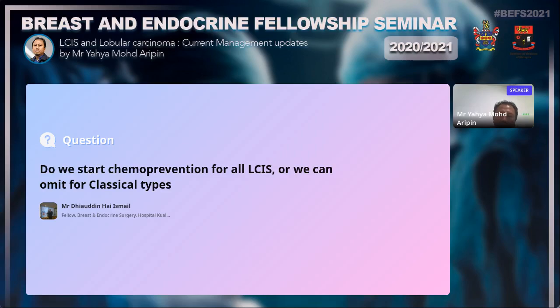They are together with atypical hyperplasia and LCIS, with a risk of more than 1.76, high risk according to the Gail model. It falls into that category, and for that reason, LCIS should have chemoprevention.